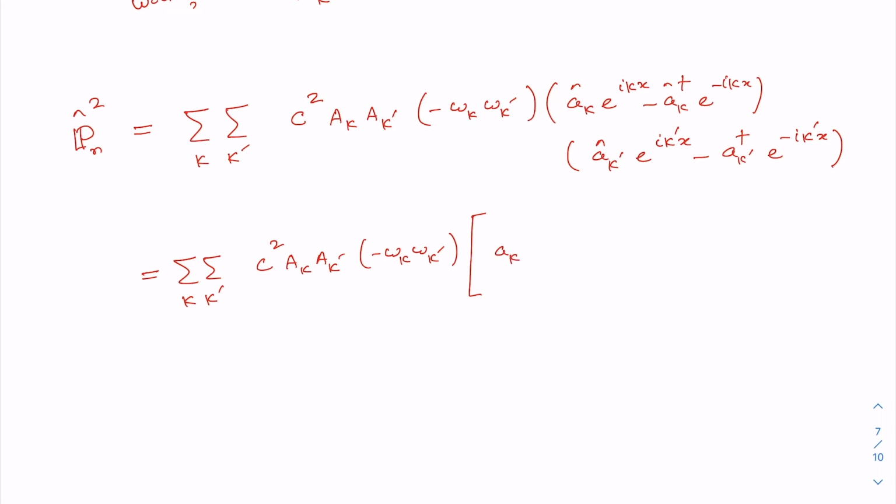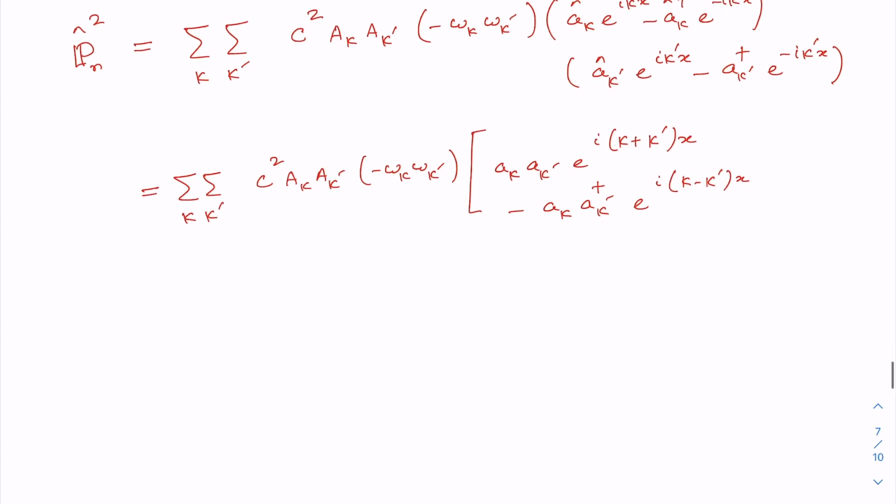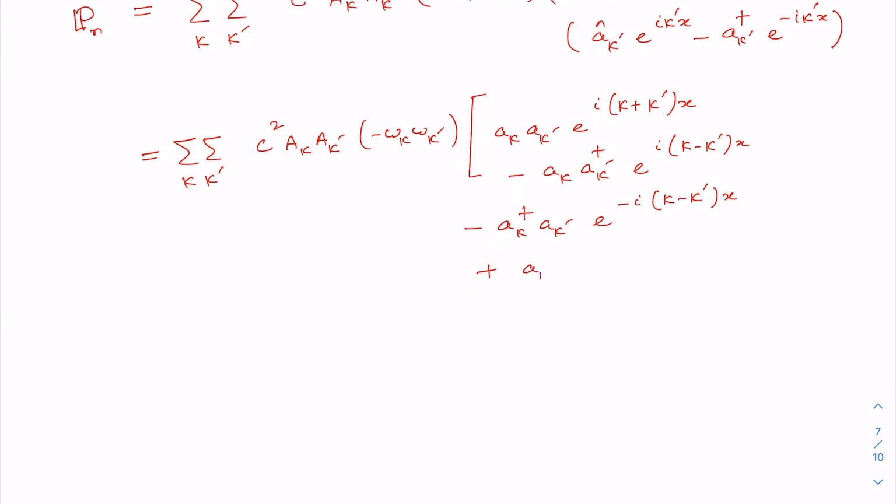I will have a_k a_k dash e to the power i(k plus k dash)x, minus a_k dagger a_k dash e to the power i(k minus k dash)x, minus a_k a_k dash dagger e to the power minus i(k minus k dash)x. Then I have plus a_k dagger a_k dash dagger e to the power minus i(k plus k dash)x.